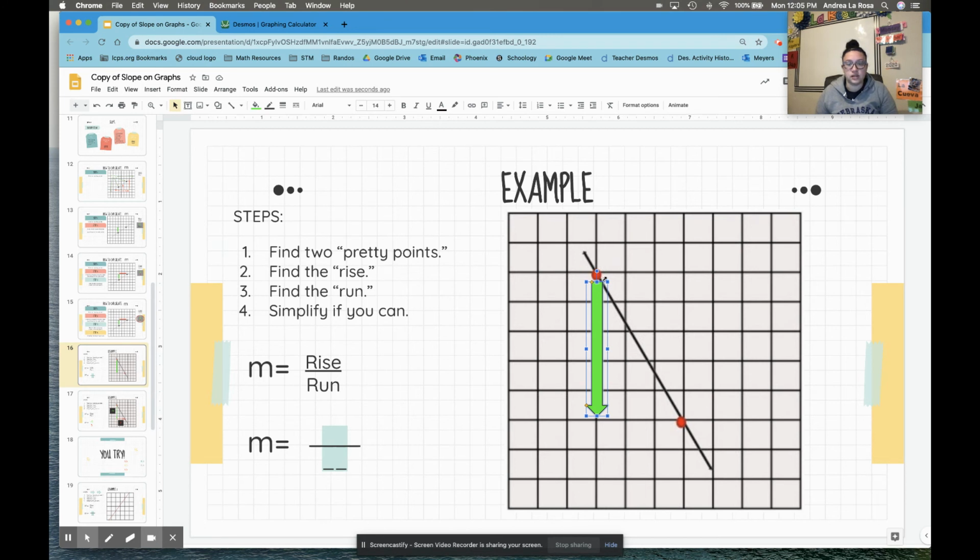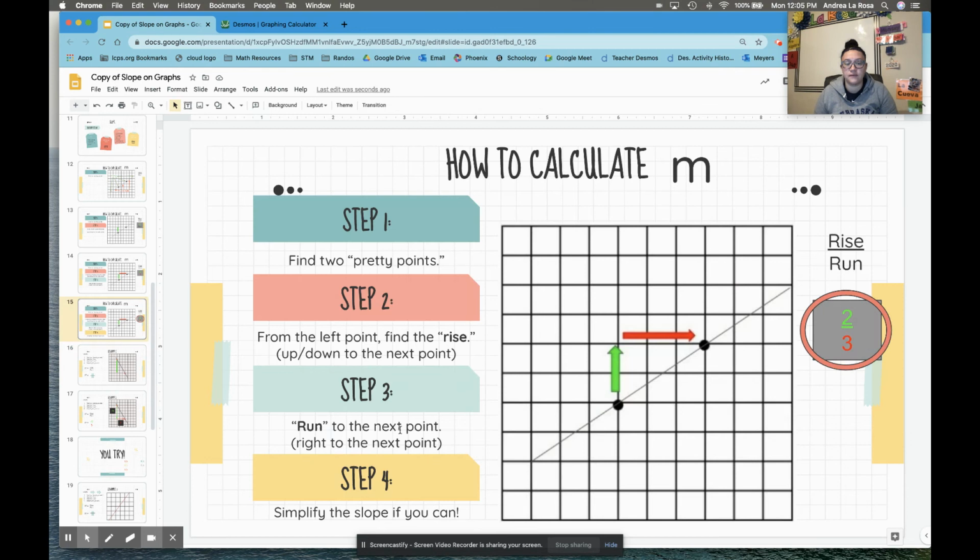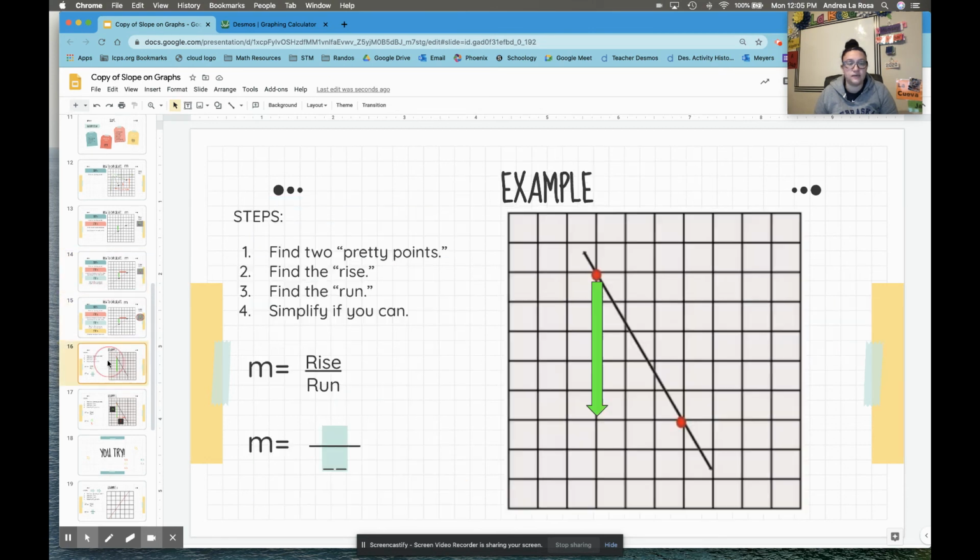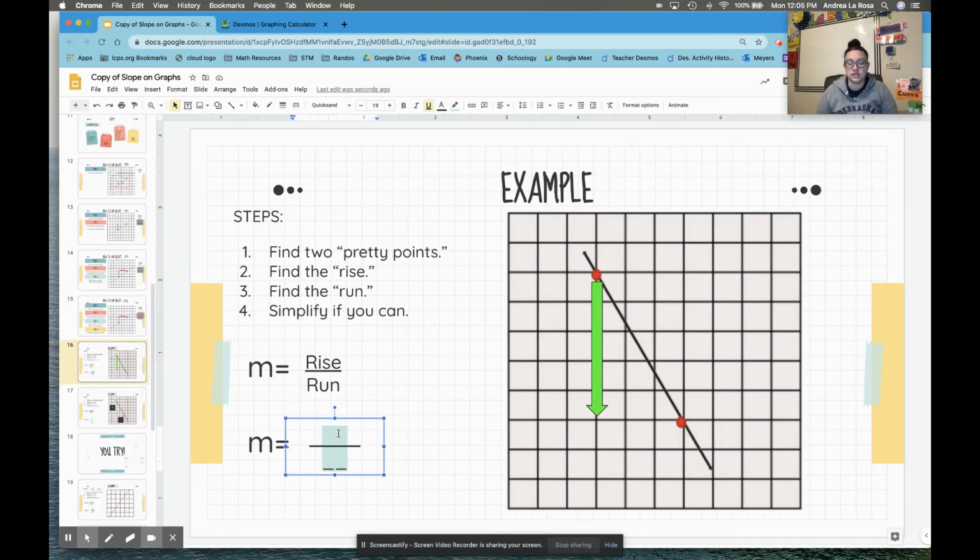I went down how many spaces? 1, 2, 3, 4, 5. I went down 5 spaces. So the top number of my slope, my rise, is going to be -5 because I went down.